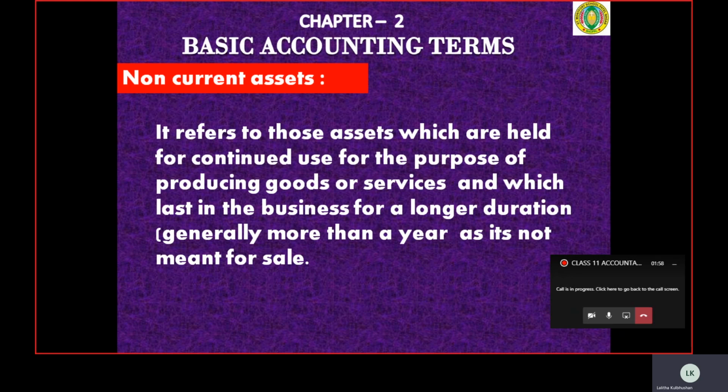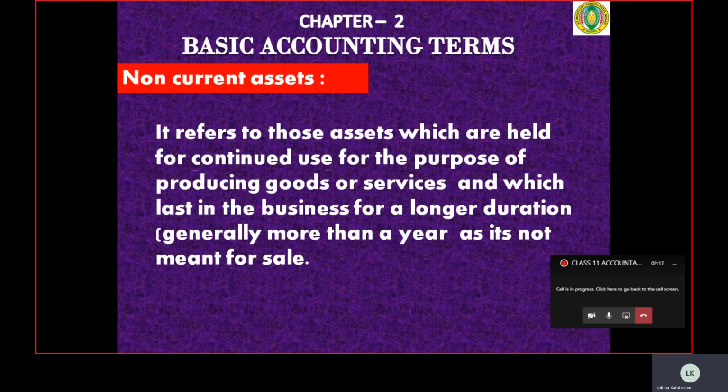They are not frequently sold, and generally these assets increase the earning capacity of the business. For example, land and building, furniture, fixtures, machinery. These are all examples of non-current assets.